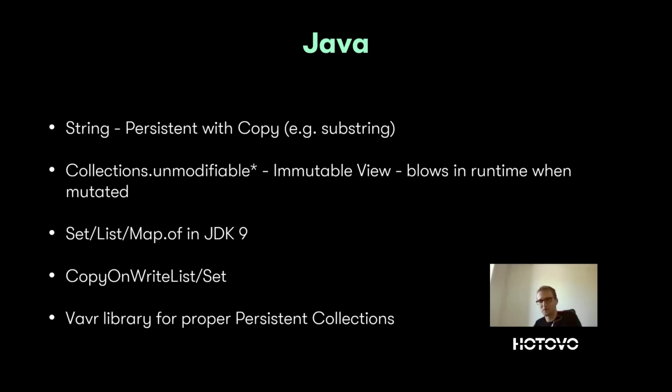Well, with the library, all your method signatures would need to change their collections, right? Because they're not interchangeable. Of course, I can't use Java util List, I want to use Vavr List.